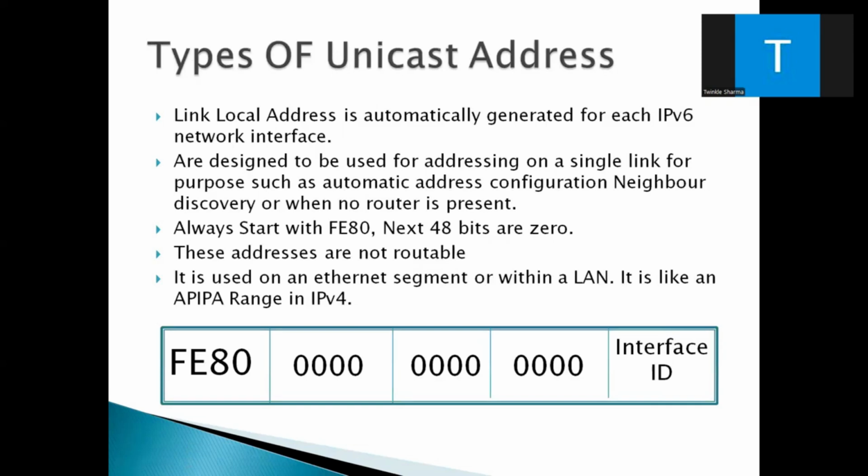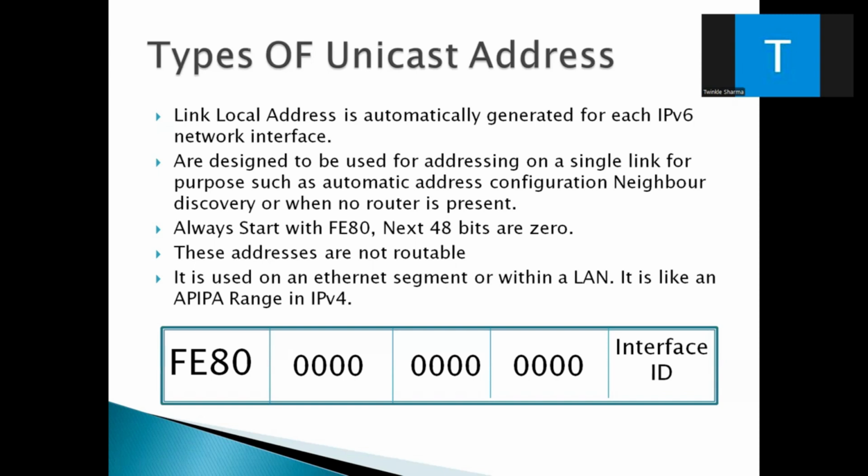Then we have the link local address, which is automatically generated for each IPv6 network interface. It is designed to be used for addressing on a single link, for purposes such as automatic address configuration, neighbor discovery, or when no router is present.